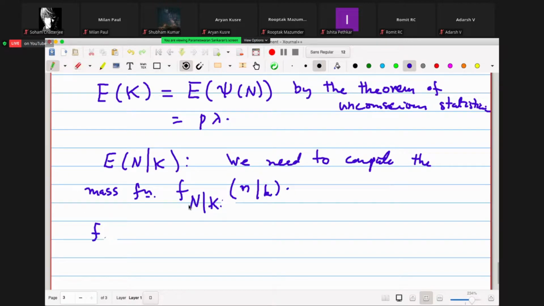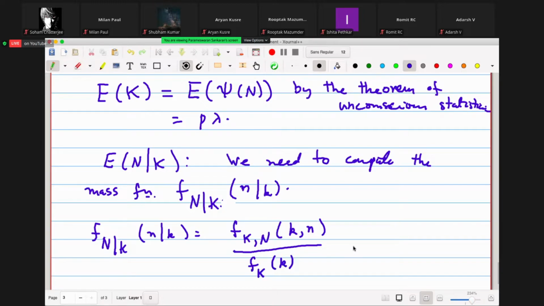You just write explicitly what it means: F of N given K, of n given k, is F of (k, n), of K equals k, N equals n, divided by F of K, whichever way I have written.